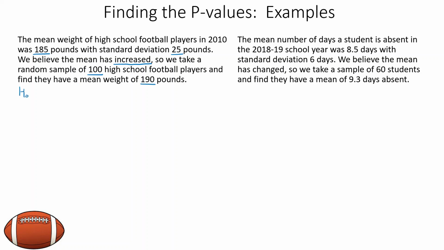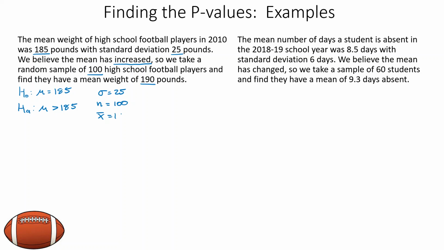So we already did the defining of mean before, so I'm going to skip that part. Our null hypothesis is that the mean is 185. An alternative is that it has increased from 185. And let's see, our other information is that the population standard deviation is 25. Our sample size is 100.